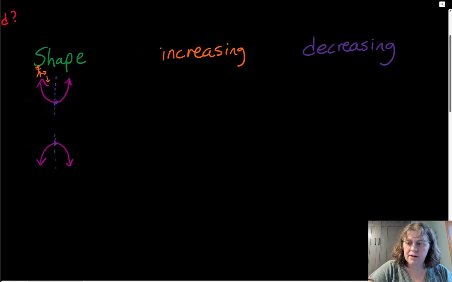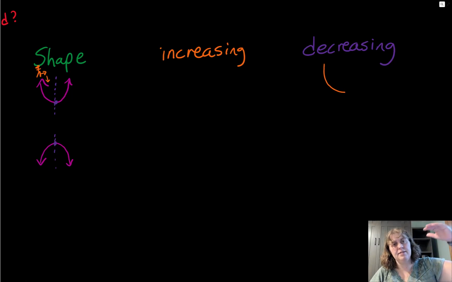So right over here, a concave up but decreasing looks like that. We're still concave up because we're making that cup or the smiley face. But it's still decreasing. As I go from left to right, my function is going down, even though eventually we'll go through the curve and start going back up and increasing.